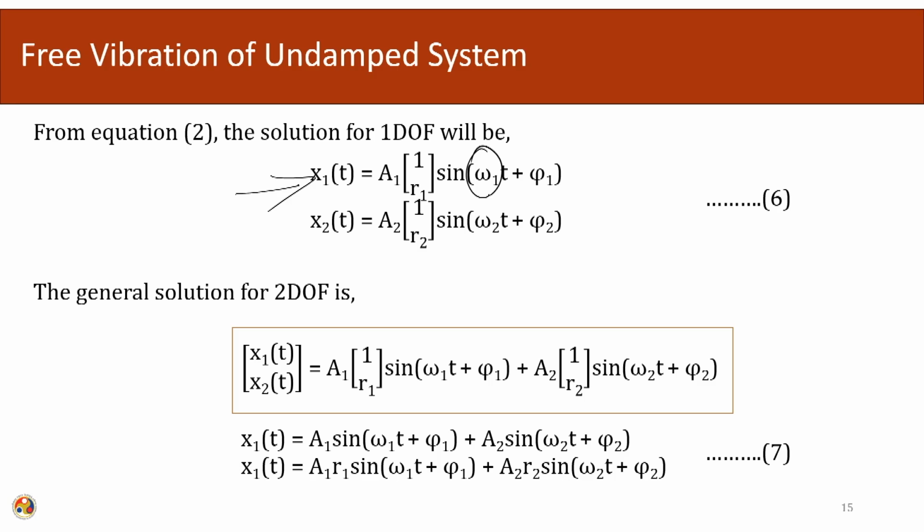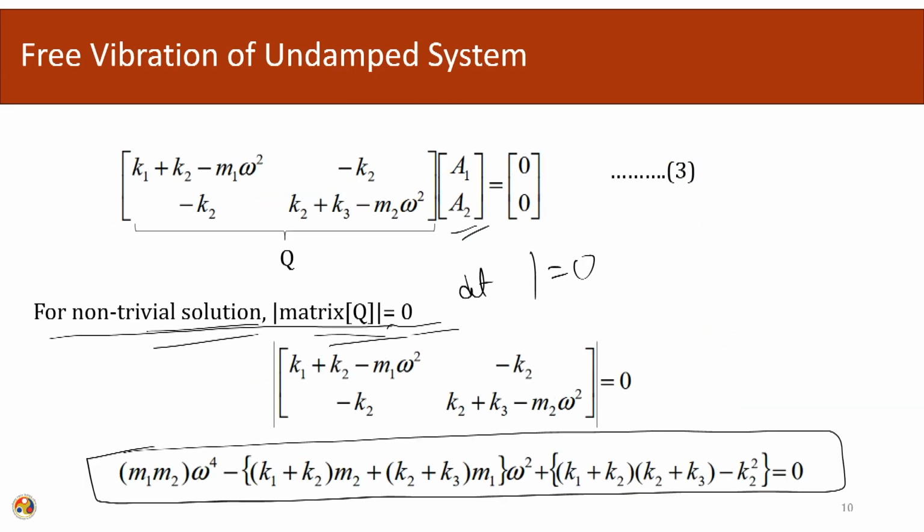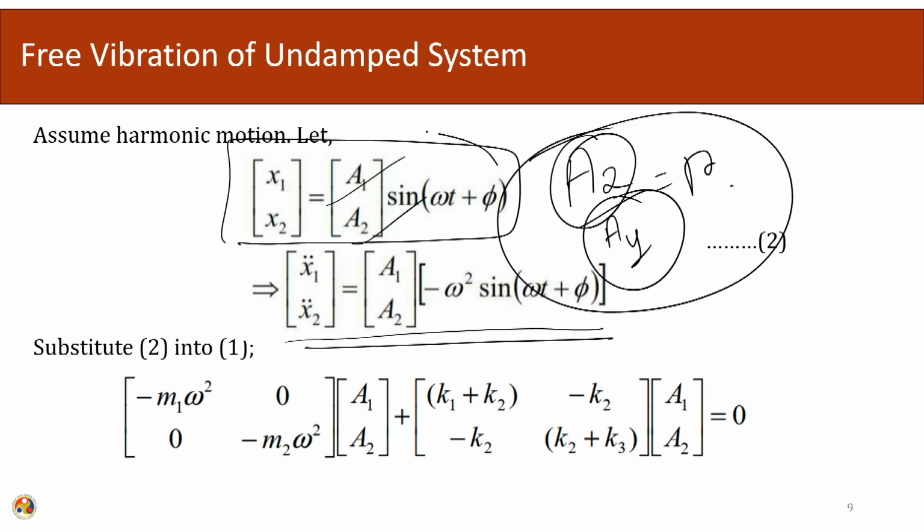We already have found omega 1, omega 2, and we have found the values of the amplitude ratios. So, the generalized solution for the 2 degree of freedom system looks this way. Here we have used our older formulation, x1 and x2 equals a1 and a2.